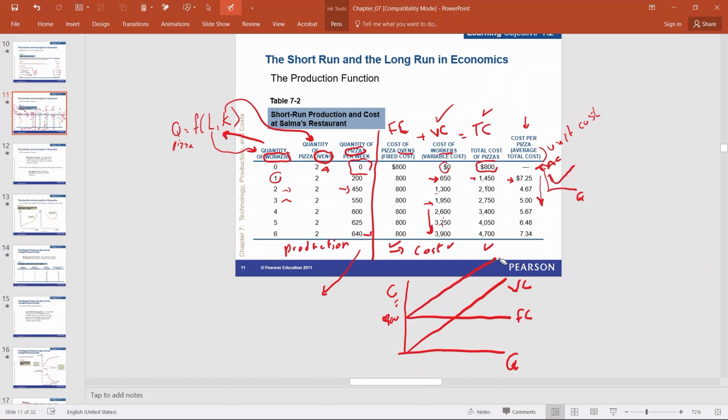So this is total cost. Total cost is higher than variable and fixed cost because it's the addition of those variable and fixed costs. And total cost starts from where the fixed cost starts, because at this level here, variable cost is 0, as you see here.